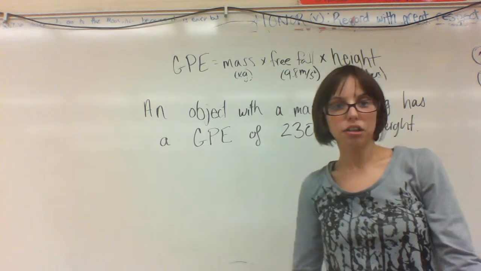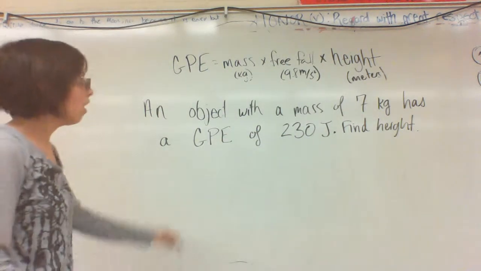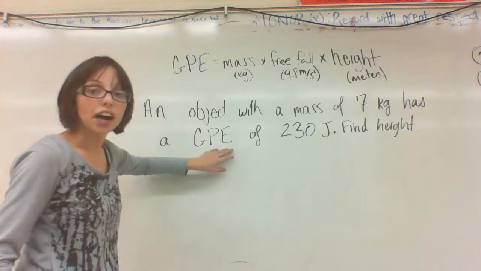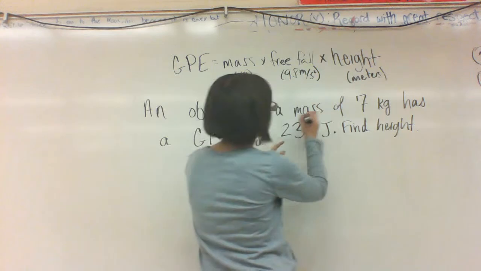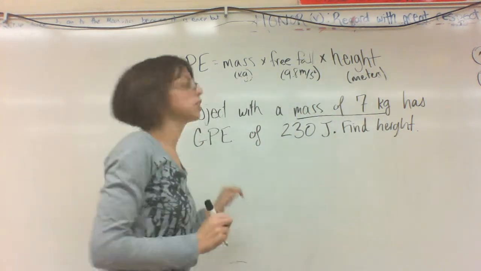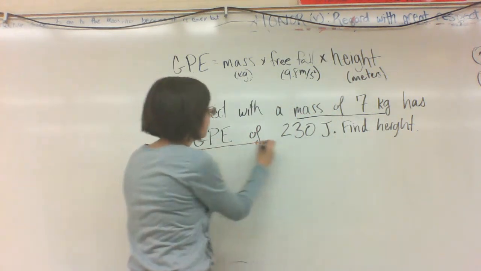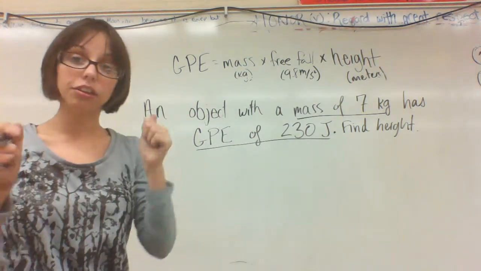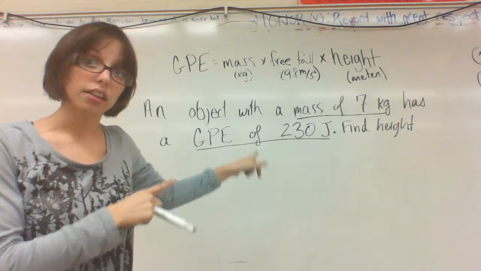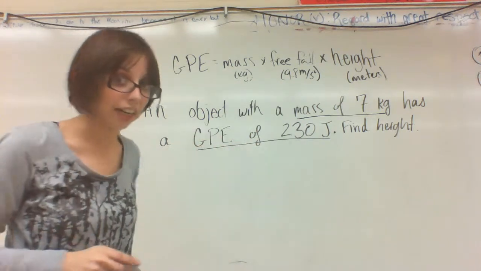Alright, awkward pause is over. So, hopefully, you were able to find your numbers. Well, there's a mass of 7 kilograms, and GPE of 230 joules. Yay! So if you found it, way to go. If you didn't, work on it. Rewind this video and find it again.